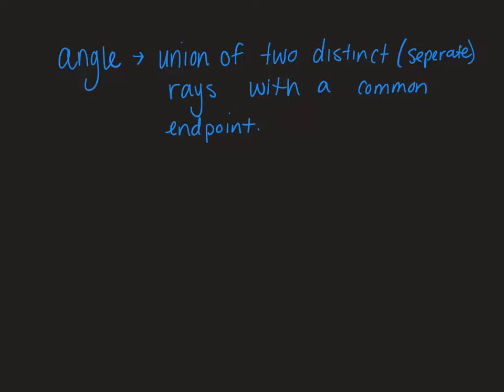Okay, so an angle is the union of 2 distinct or separate rays with a common endpoint. So that means it's two rays that come together with a common endpoint. So this would be our common endpoint. And then the two white lines are our two rays. So let's say, I'll add our other points.